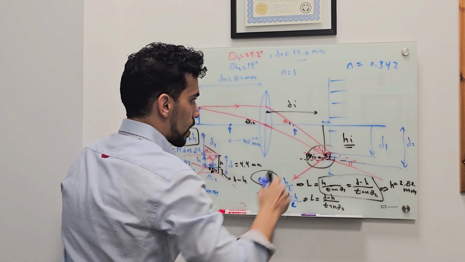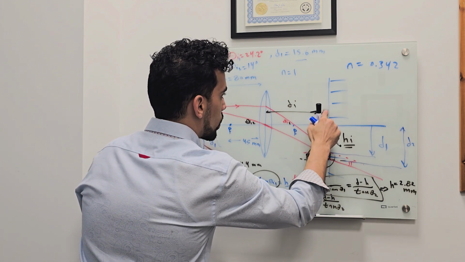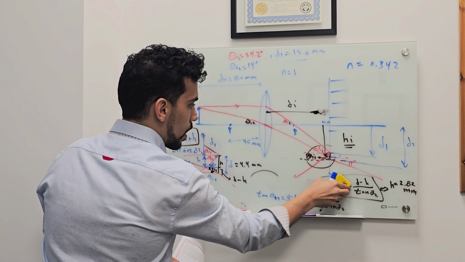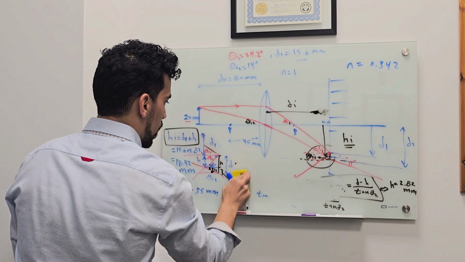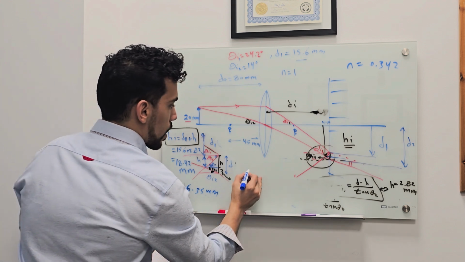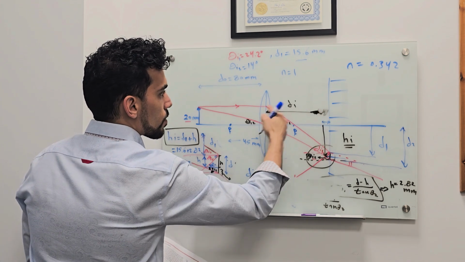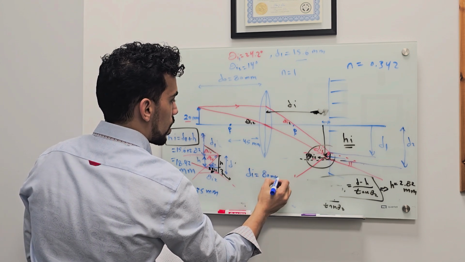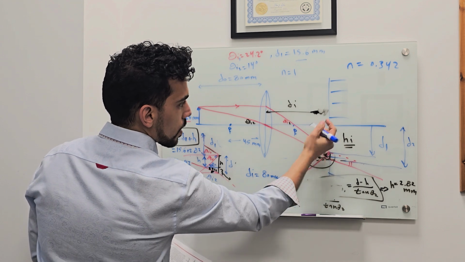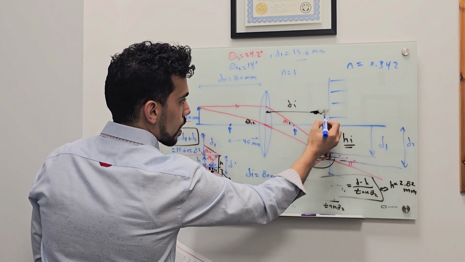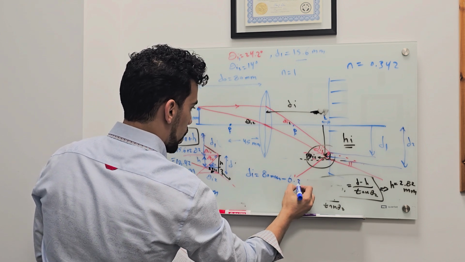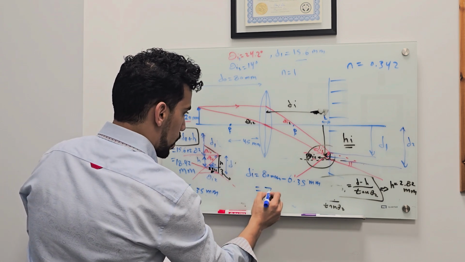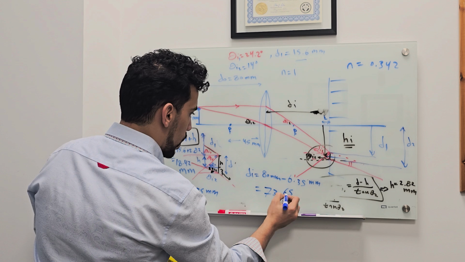So we can know that the distance of the image is equal to the total distance between these two, which is 80 millimeter, minus the L. This is the L, which is basically equal to 6.35 millimeter, which means that the distance of the image is equal to 73.65.